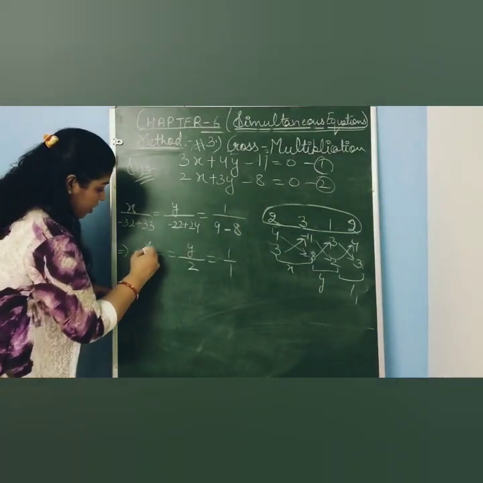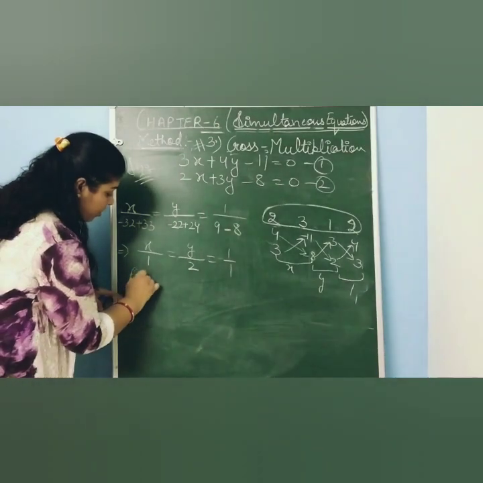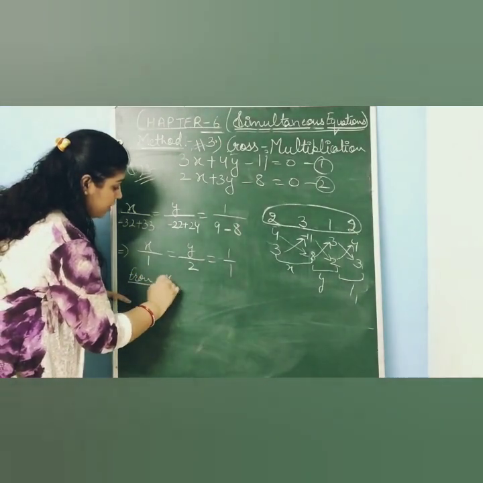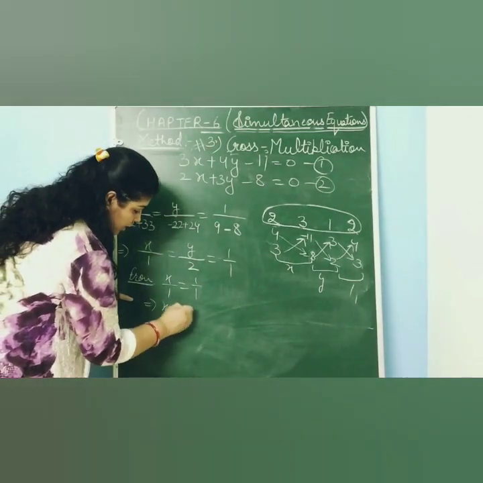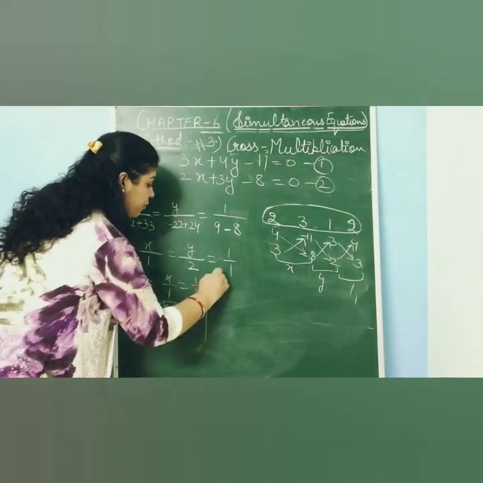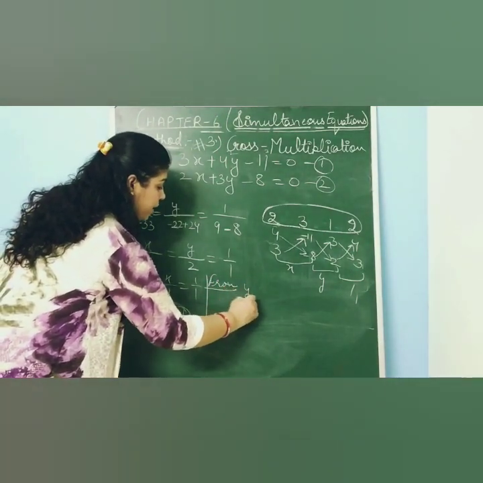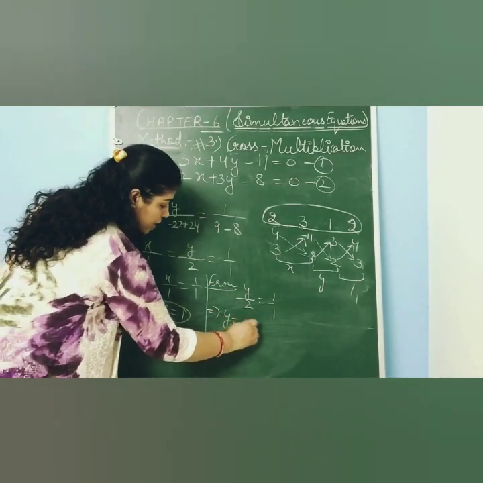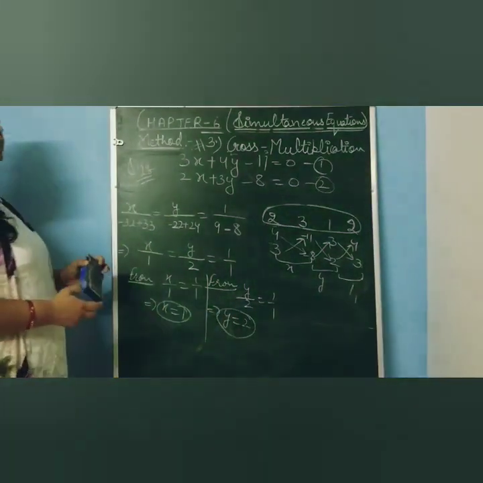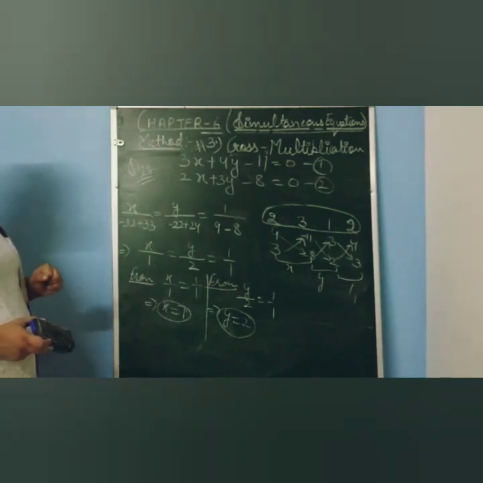How? From first and third, x by 1 is equals to 1 by 1, or we can say x is equals to 1. From second and third, y by 2 is equals to 1 by 1, or we can say y is equals to 2. This is the method of cross multiplication.